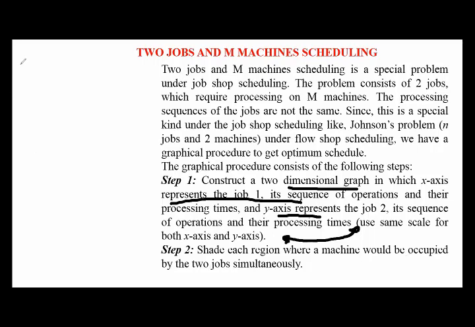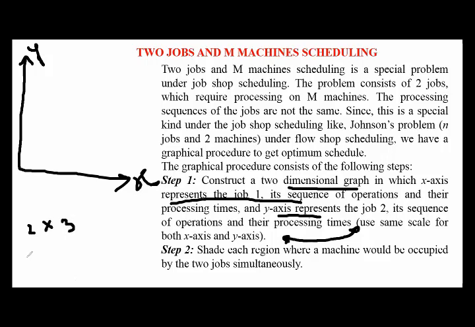Coming to the example, I would like to explain step 1 and step 2 by constructing a graph. Here I would like to construct the x-axis and y-axis. In the x-axis, we are going to take the sequence of job 1, and in the y-axis the sequence of job 2. For example, in a two jobs three machines problem, the problem itself gives the sequence of the jobs.